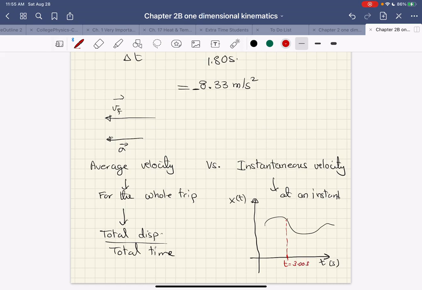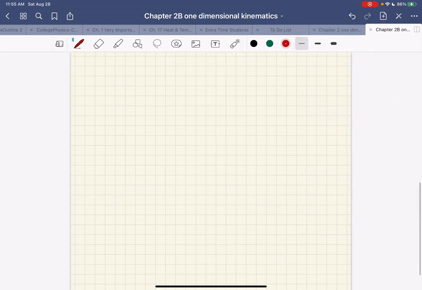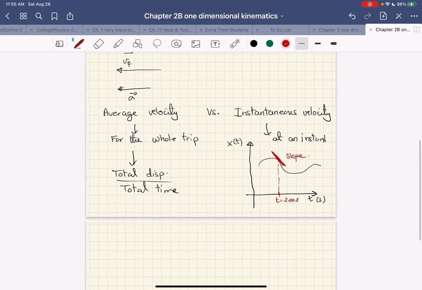I should find the tangent here and find its slope. And this is going to give me the velocity of this object. All right? We will not use calculus here, of course, because our course doesn't have any calculus requirement.